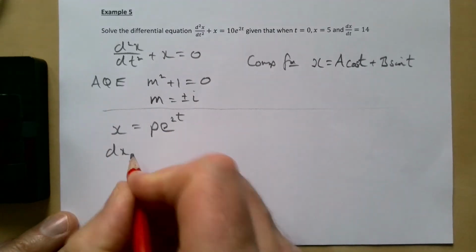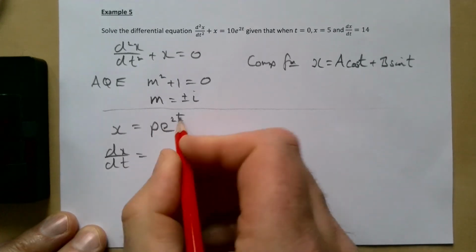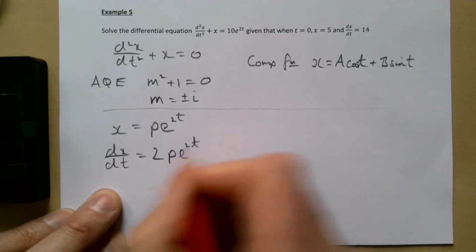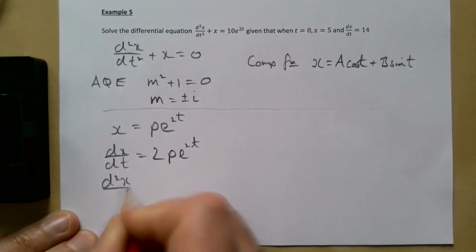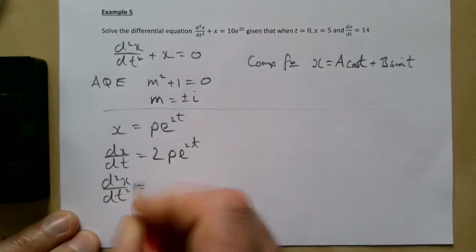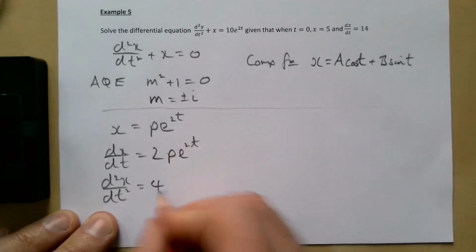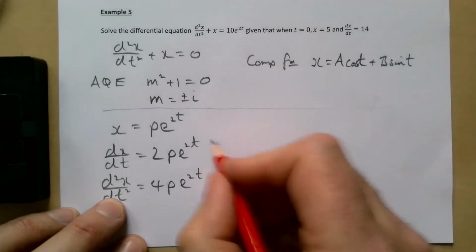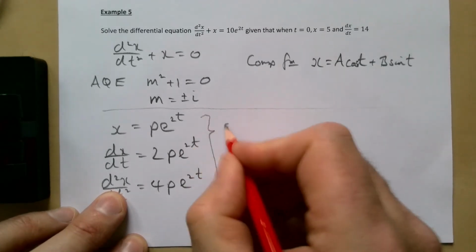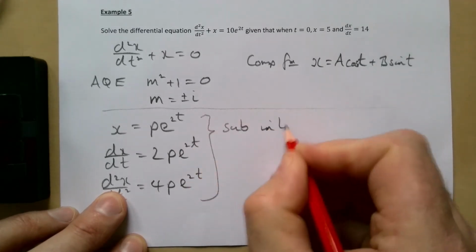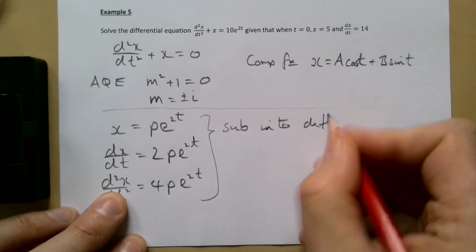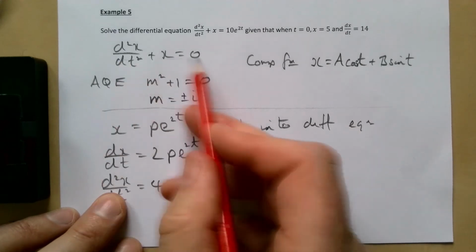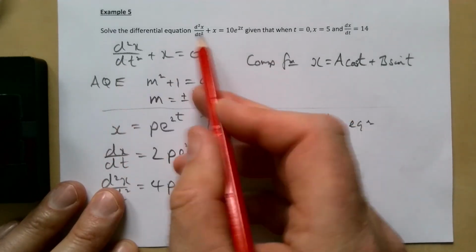That means dx by dt, whenever we differentiate this, obviously the 2 comes to the front, so we get 2pe to the 2t, and then d2x by dt squared is going to give us 4pe to the 2t. So we're going to substitute into our original differential equation, it's this one up here.